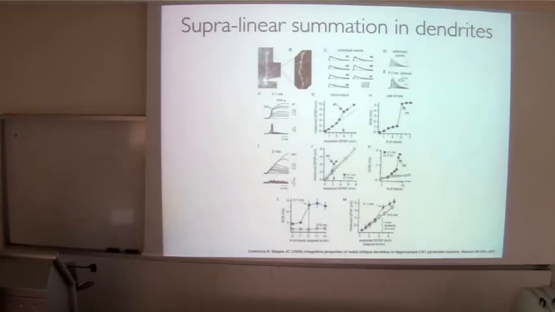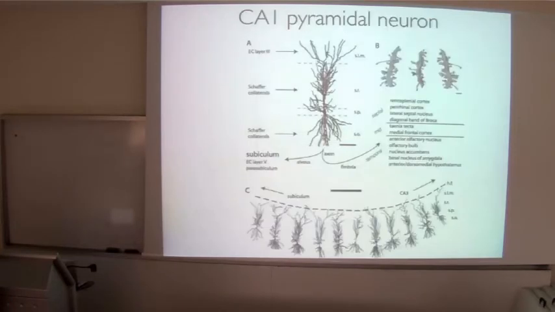This is a 2-photon image of the neuron. In 2-photon, you can actually see individual spines. We haven't talked about spines, by the way. I took it for granted that you know about spines. But the dendrites of CA1 pyramidal neurons are covered with these mushroom-like protrusions that are called spines, and the top of each one of these spines is an excitatory synapse.